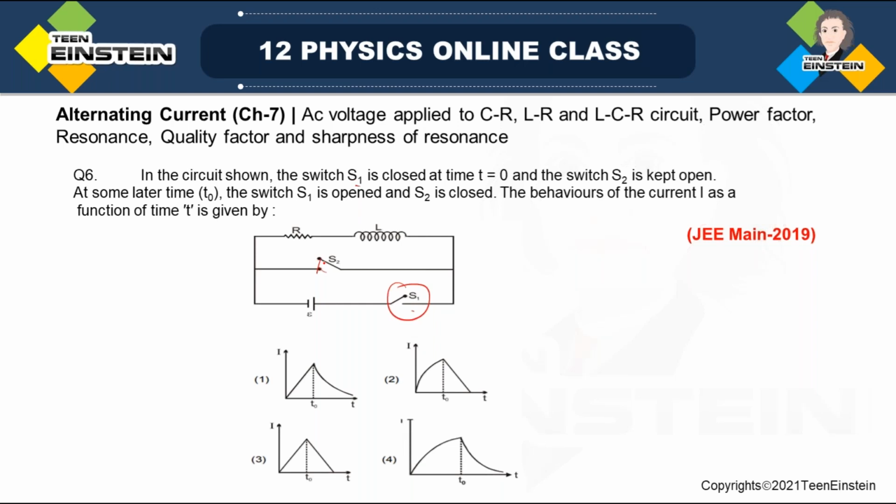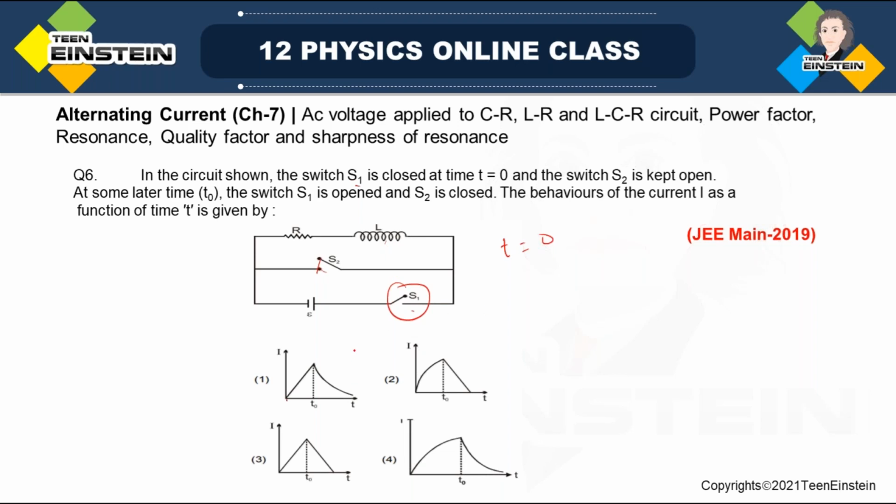See here, t starts from 0 in the graphs. So you have to see the behavior of the current. When t is equal to 0, it starts charging, and since it is an LR circuit, the current will increase as an exponential function, and when it decays it will also be an exponential function.